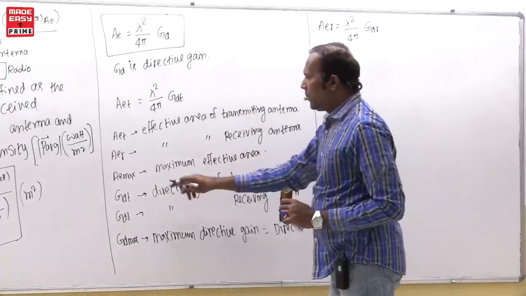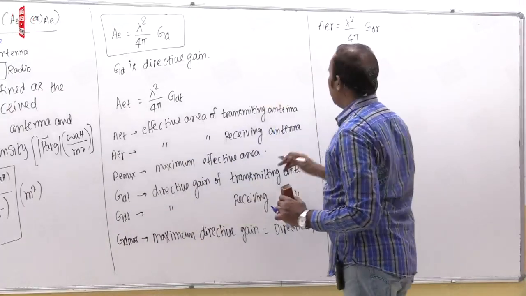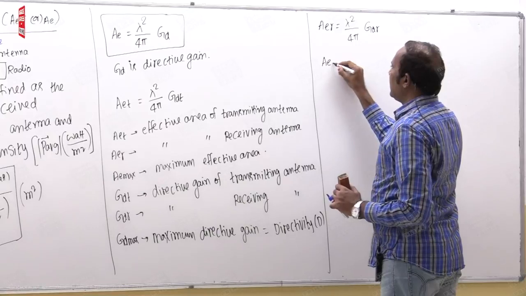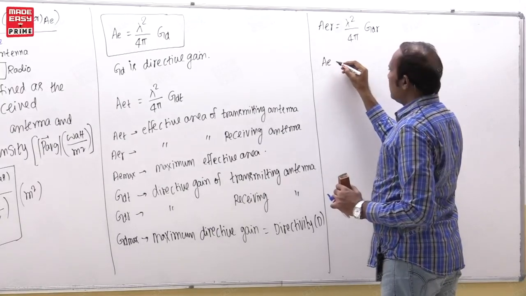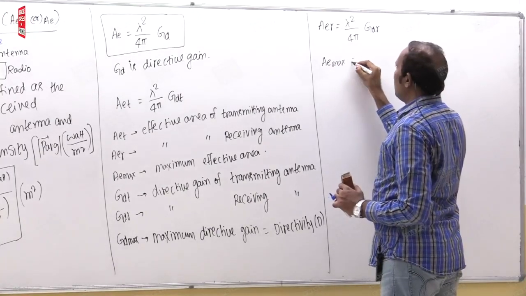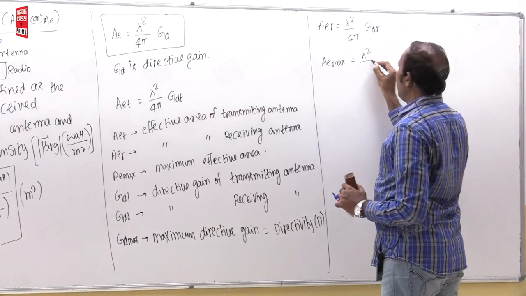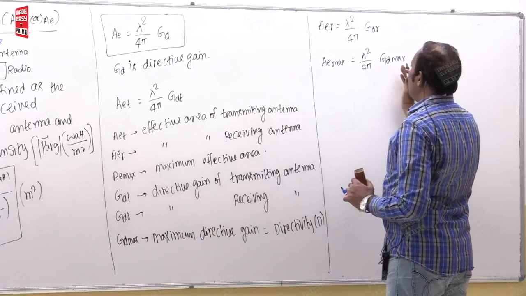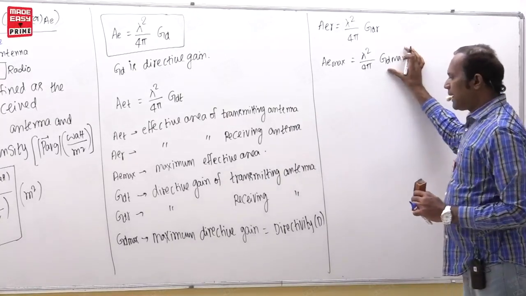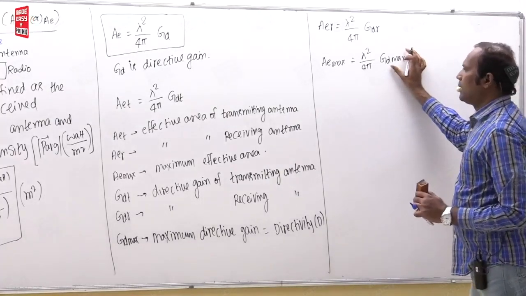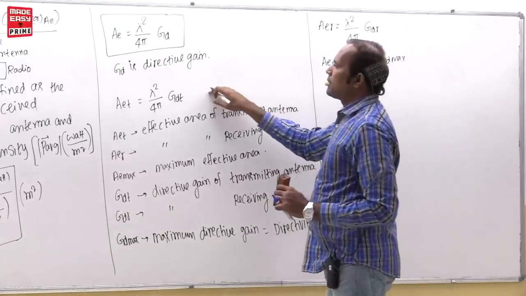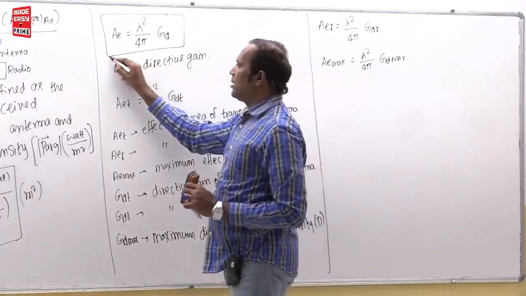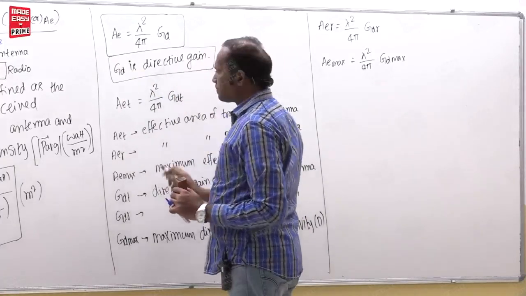Similarly, if you want AE max, maximum effective area, then lambda square divided by 4 pi, then you take the maximum directive gain, that is nothing but directivity. So no need to remember these extra formulas, you remember this one, that is more than enough. GD is directive gain here.